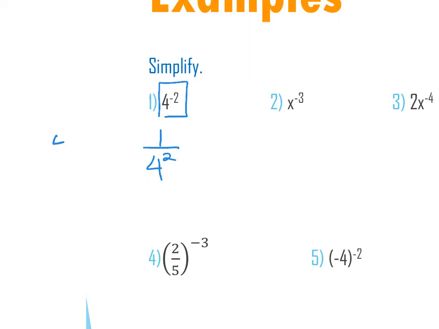So again, if you want to think of it like this, you could turn that whole number with that exponent into a fraction by putting a 1, then you flip it. This goes to the denominator, the negative sign goes away, and then you do 4 times 4 and get 1 over 16.